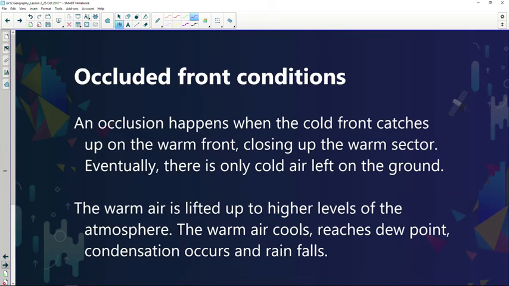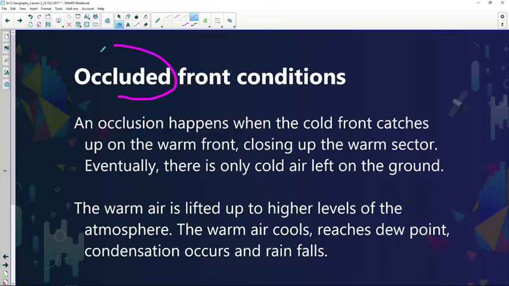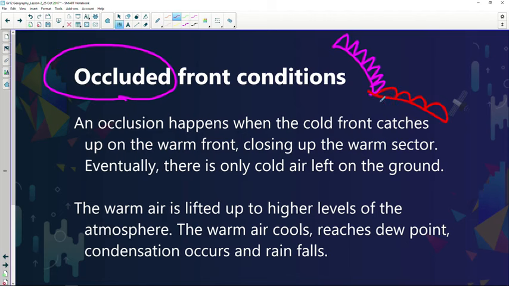Okay, now once that cold front caught up with the warm front, it's known as the occluded stage. Now, like I've mentioned, this cold front is the cop, and the warm front is the robber.